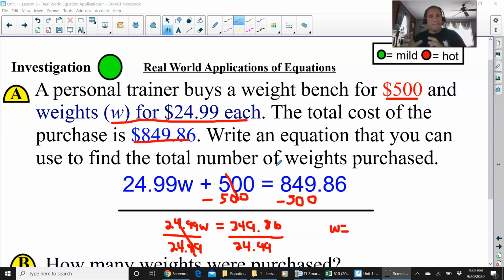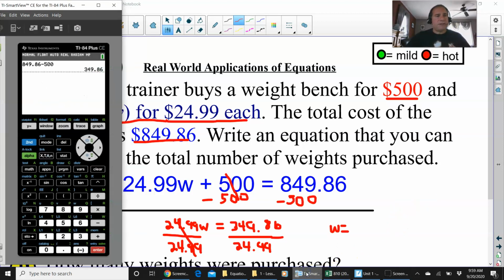Then you would add $500 in for the weight bench, so that's plus $500, and then the whole thing is equal to $849.86. So you subtract $500 on both sides, and now I'm going to bring up that calculator and see 849 minus 500 is $349.86. Remember, you have $24.99 W equals $349.86.